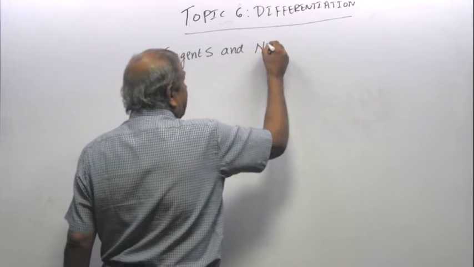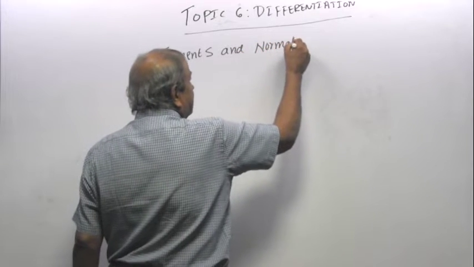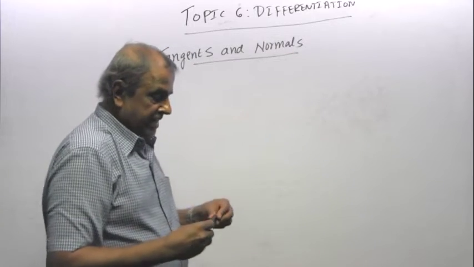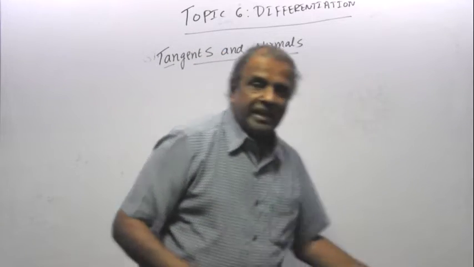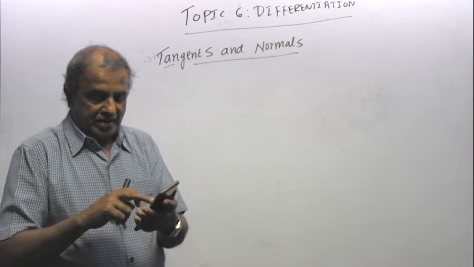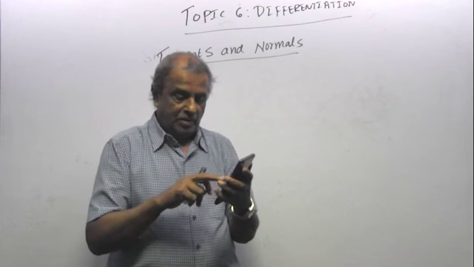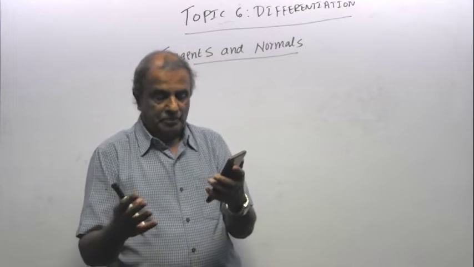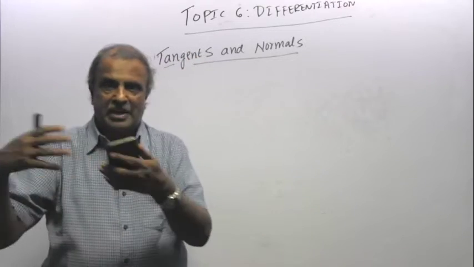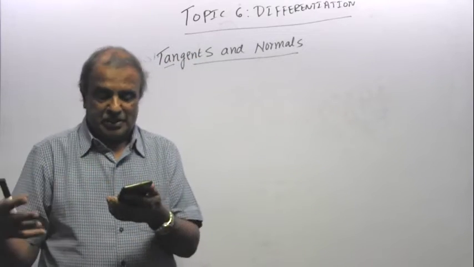Tangents and normals. Something which I keep repeating: any time we did a concept in trigonometry, single angles, we proved the formula, we proved the identities, then we did questions, then we did equations.